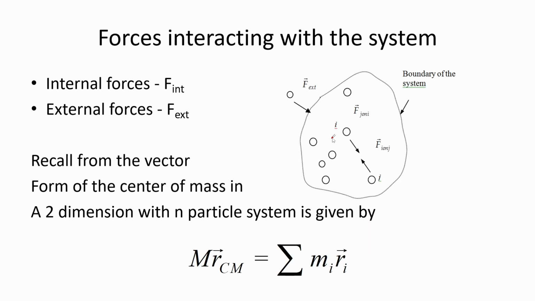As we mentioned earlier, there are forces, internal or external forces. The center of mass in a two-dimensional system with n particles is given by this expression. M total mass times RCM is equal to the sum of the individual masses times the radial position of those individual masses.